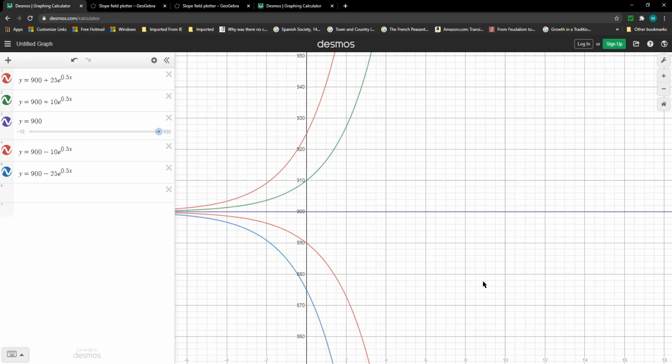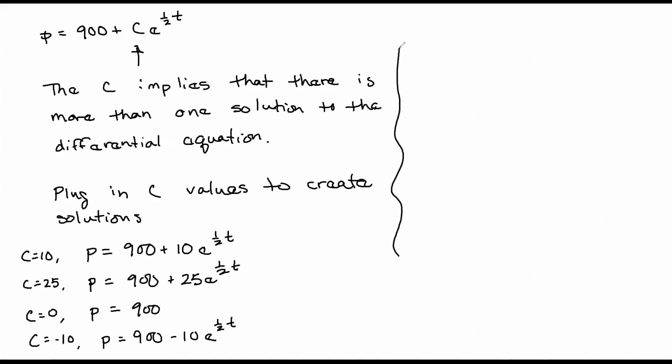So the next thing that we want to look at is, how do we know which C value to use? Which curve is correct? Which of those various curves that we just drew with the different C values is the right solution?